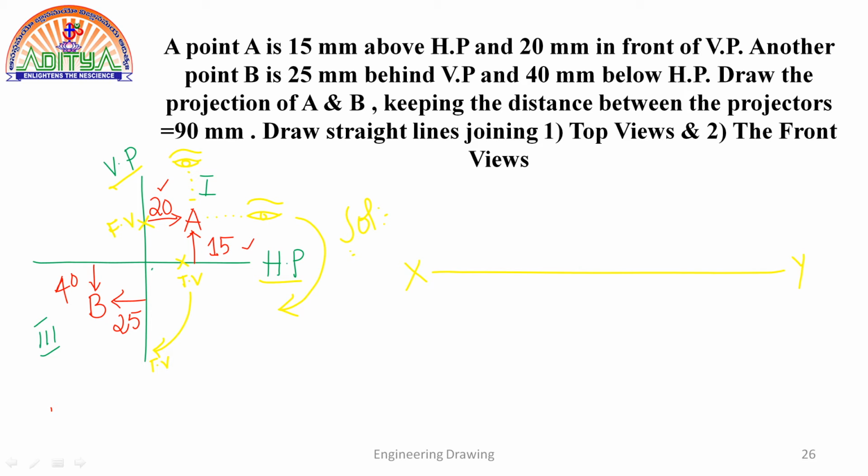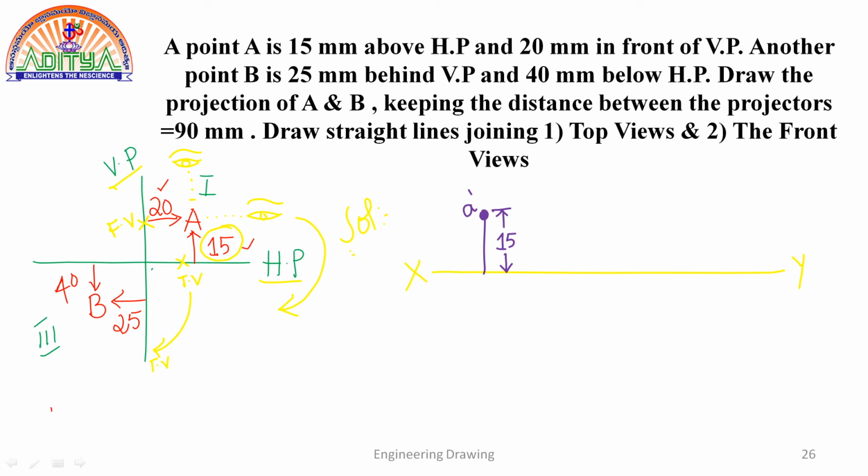When you are seeing from the front view, which dimension is visible? This 15 mm is visible. So first we are drawing front view. Above the reference line at a distance of 15 mm we are getting a point a dash with a dimension of 15 mm.